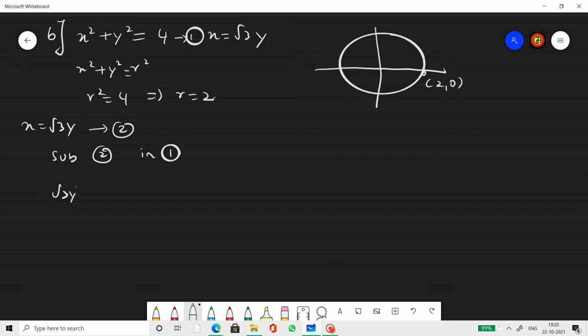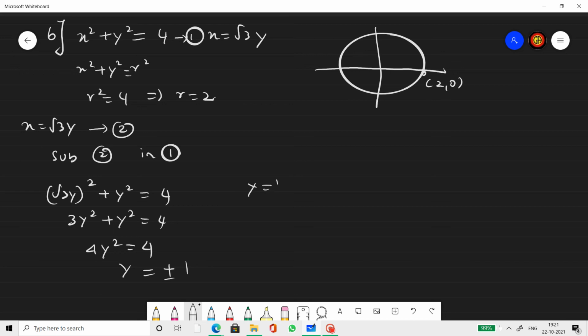I get root 3 y the whole square plus y square equals 4. So that is 3 y square plus y square equal to 4, so 4 y square equal to 4. y equals plus or minus 1.